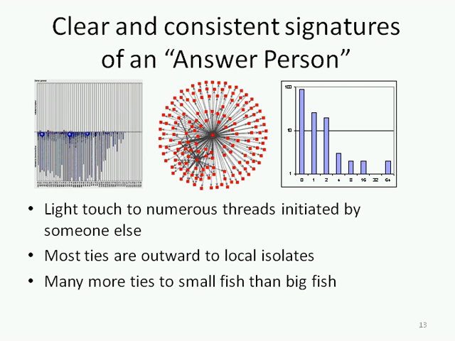Here you can see that this is an answer person because the people they connect to are relatively unconnected to one another. In the next image, in the histogram right next to that directed graph, you see that there's this pretty big drop-off. That histogram is the measure of how many connections the people I connect to have.